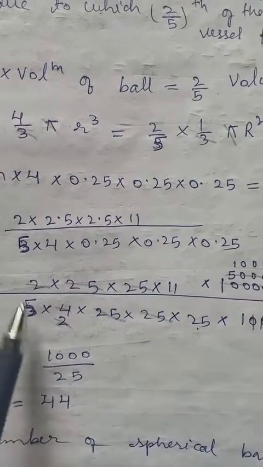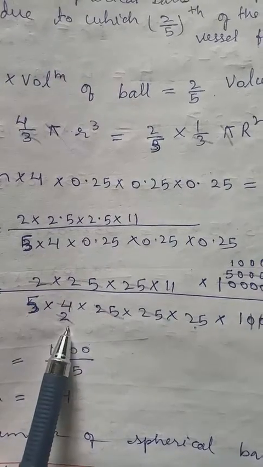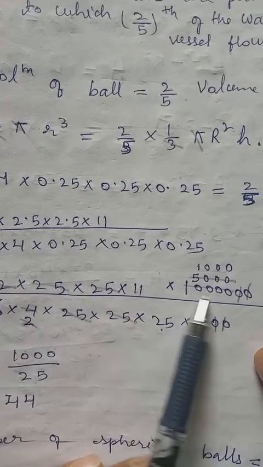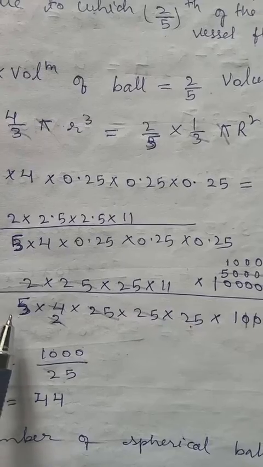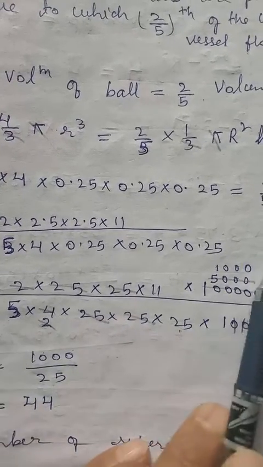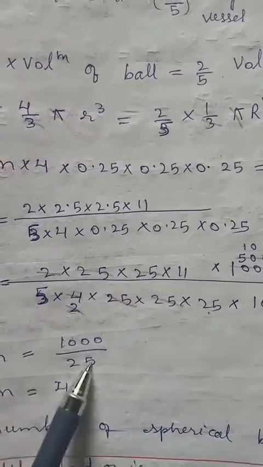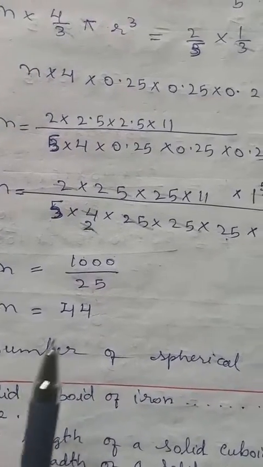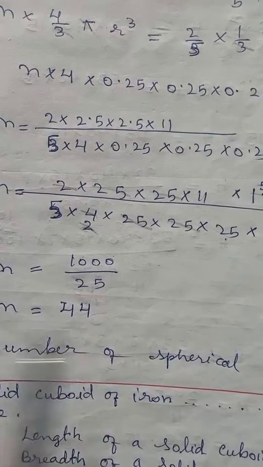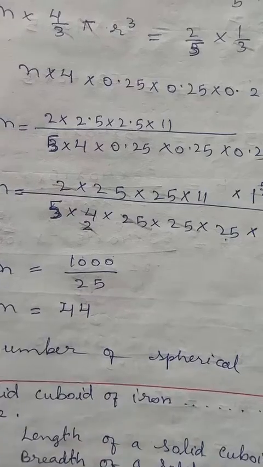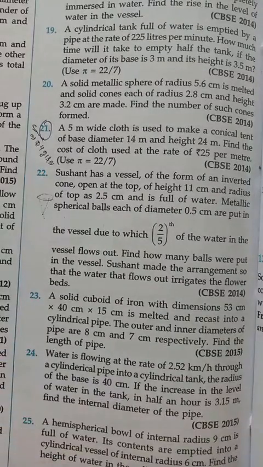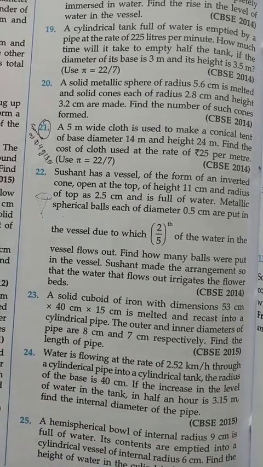Then 2 divided by 4 will be 2. Then 2 divided here will be 500. Then 5 here. Okay, we keep on dividing. Then we get the number of spheres which make the water flow out is equal to 44. Then we will move on to the next one.